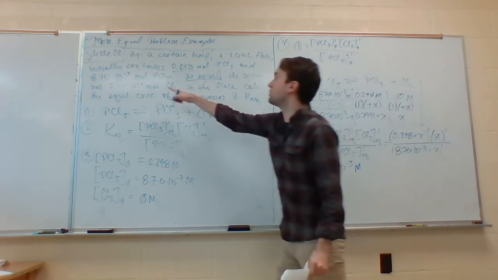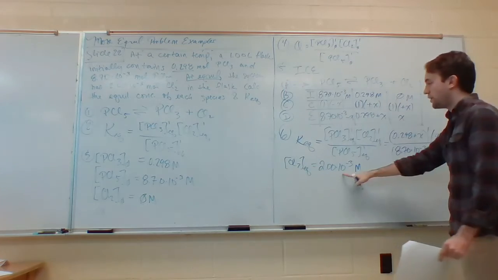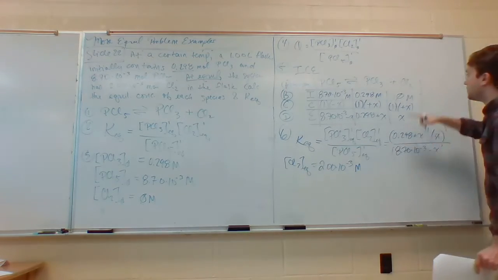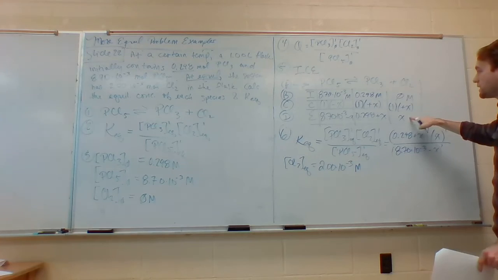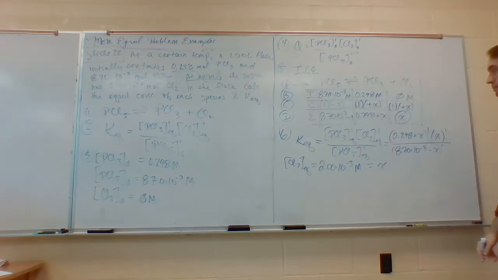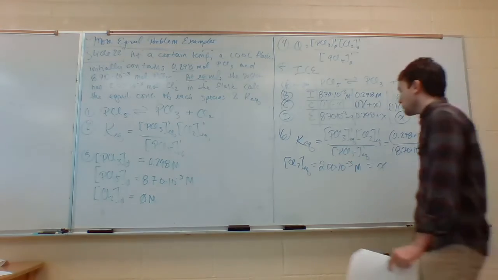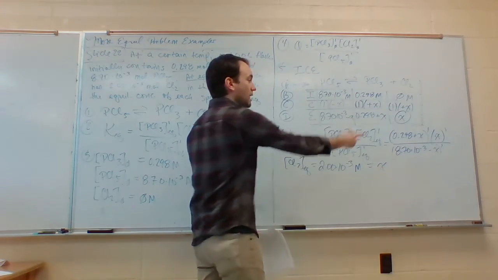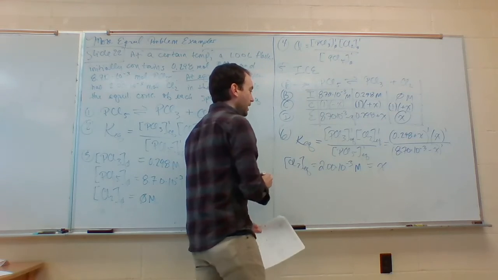Because I took the number of moles and divided it by the 1 liter. So that is my concentration of Cl2 at equilibrium, which means that this is equal to X.